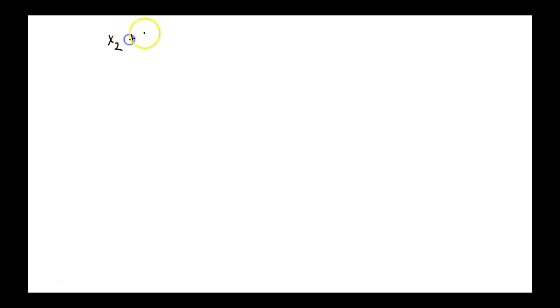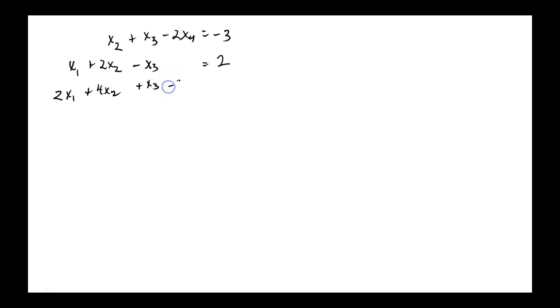x sub 2 plus x sub 3 minus 2x sub 4 is equal to negative 3. x sub 1 plus 2x sub 2 minus x sub 3 is equal to 2. 2x sub 1 plus 4x sub 2 plus x sub 3 minus 3x sub 4 is equal to negative 2.